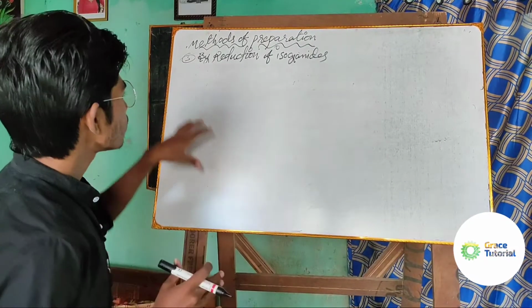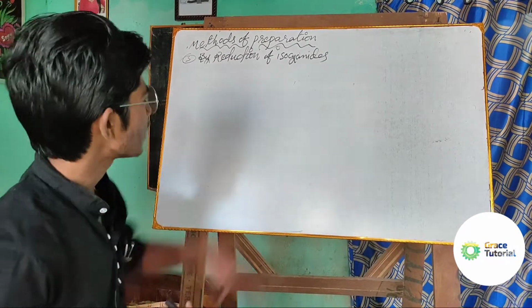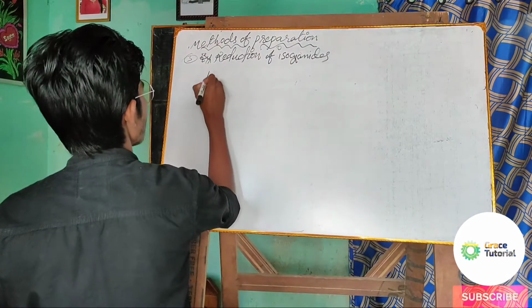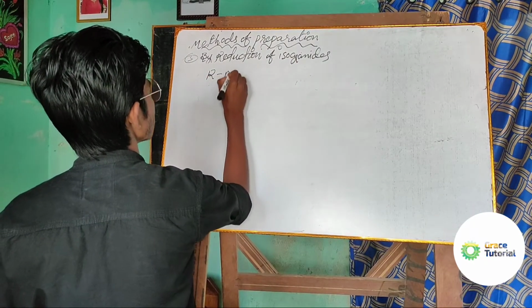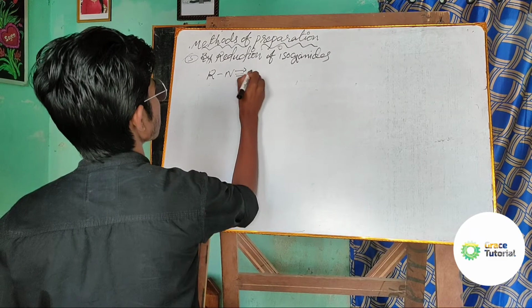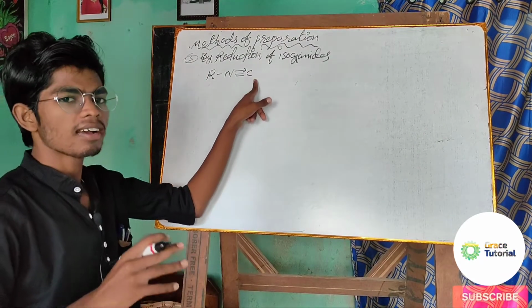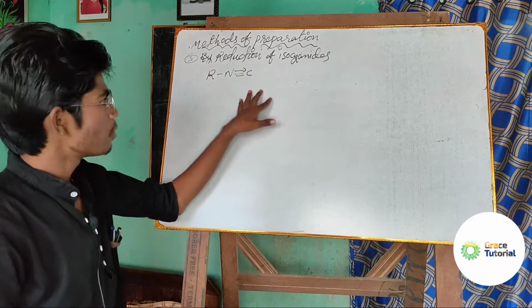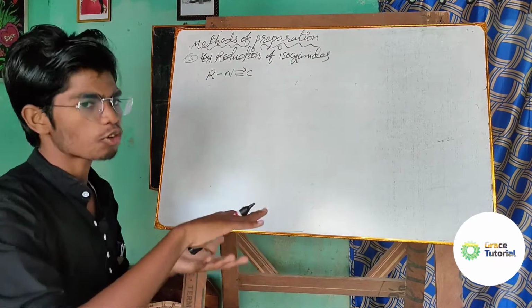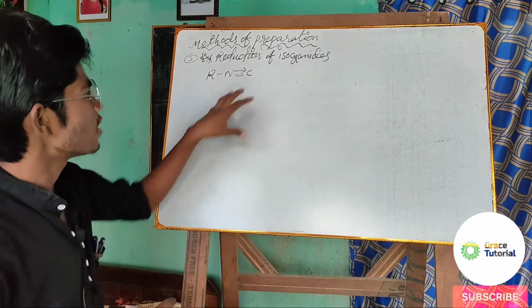So if we look at the reduction of isocyanides: RCN is alkyl cyanide, but RNC, if you make it reverse, is called isocyanide.